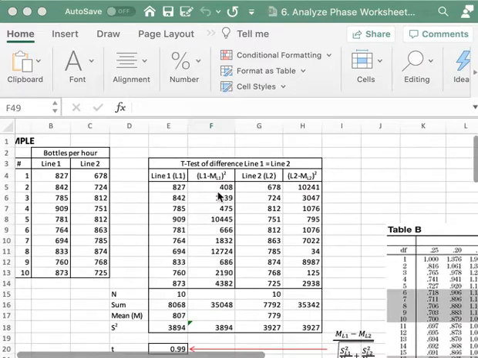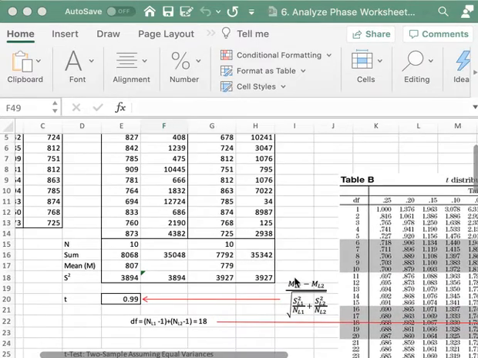So here again, you have just the math being done. You have the formula, the mean of line 1 minus mean of line 2 divided by the square root of the standard deviation squared divided by n plus the standard deviation squared divided by n, and we get to that t-statistic of 0.98.